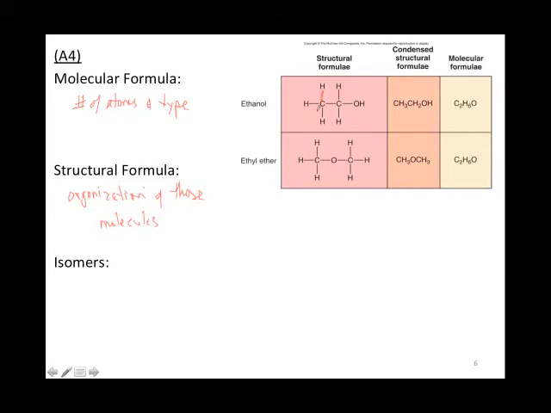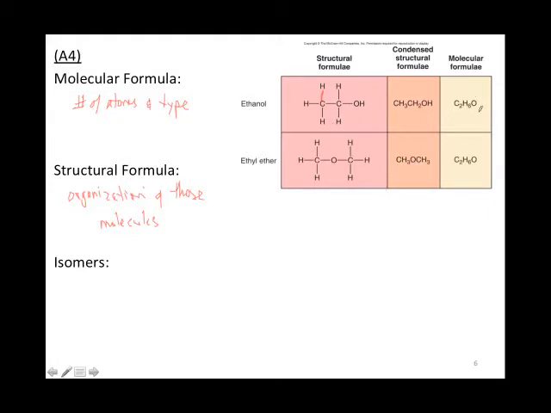For example, look at ethanol and look at this ethyl ether. They have the same molecular formula, however, look at the structural formula. Notice that the difference is that this oxygen is found between the 2 carbon atoms, whereas up here with ethanol, that oxygen is attached to only 1 carbon and it has a hydrogen bonded to it.